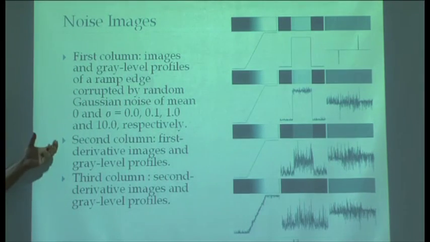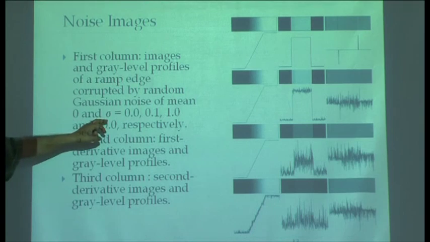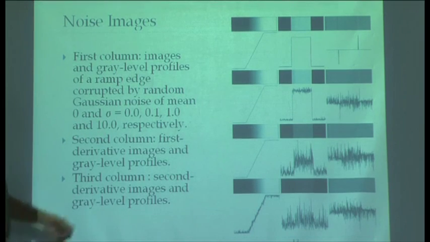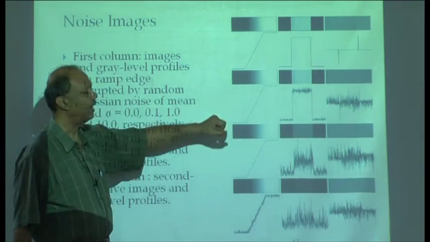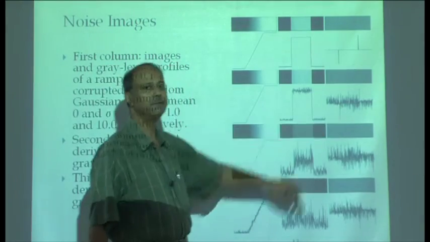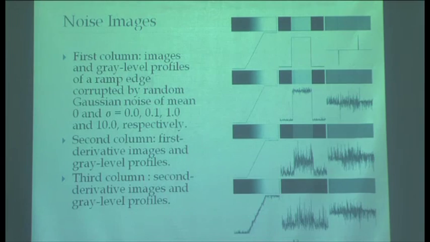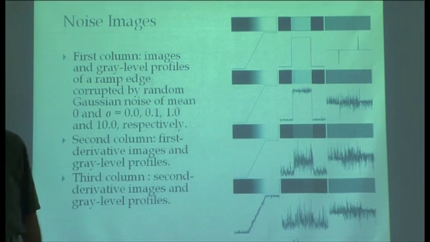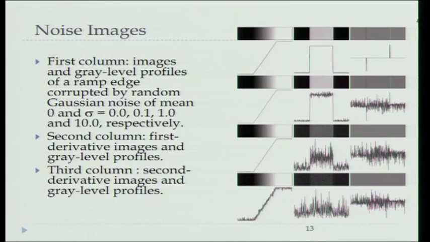Now, we added some random Gaussian noise with mean 0 and sigma this, then the image will look like this, and the first derivative will be of this type, and the second derivative gray level profile will be like this. And this is the case with different types of noises. After adding different types of Gaussian noises, you will be getting results like that.